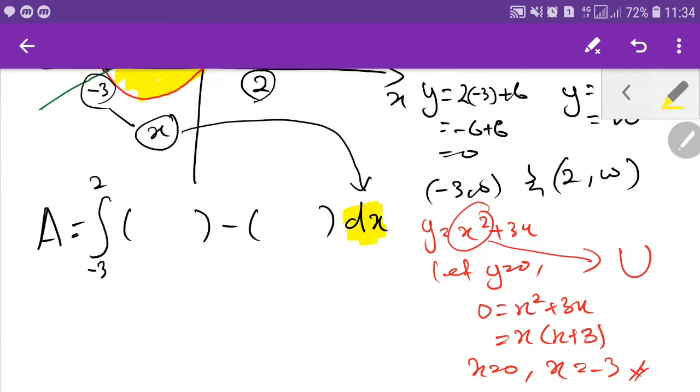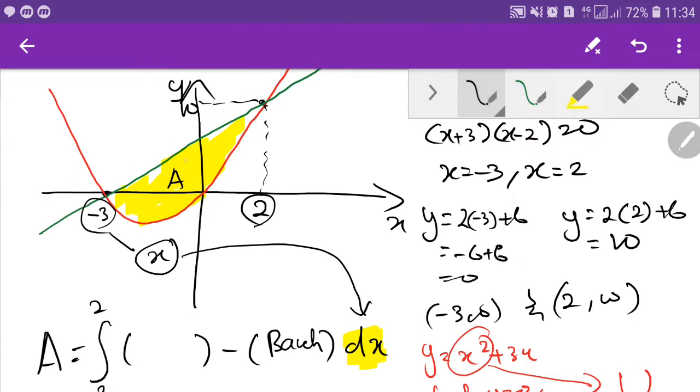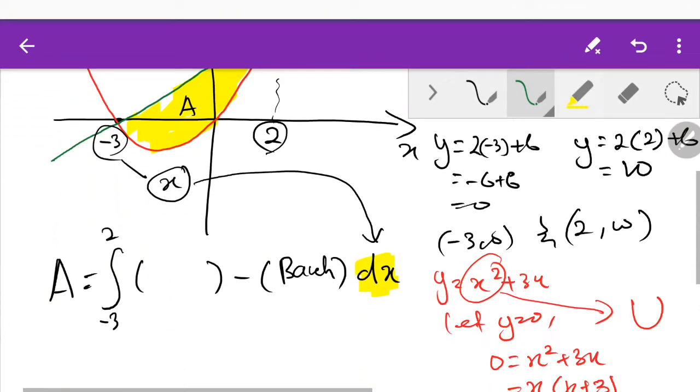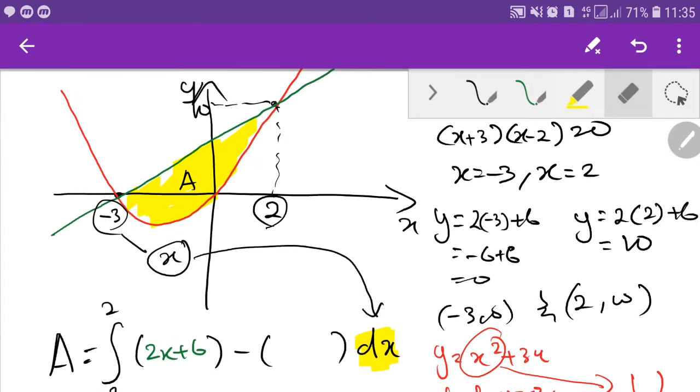If we want to integrate in terms of x, it's atas tolak bawah, which means the function on top of the area minus the function below. The function bounding the top of A is the green line, the straight line 2x plus 6, while the curve beneath A is the red curve, x squared plus 3x.